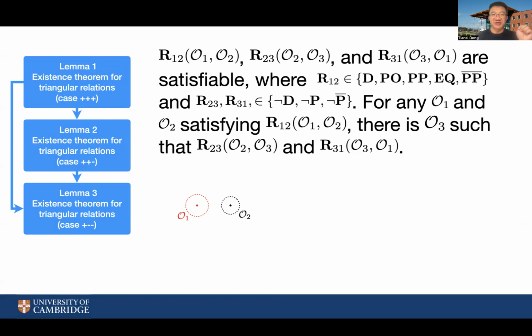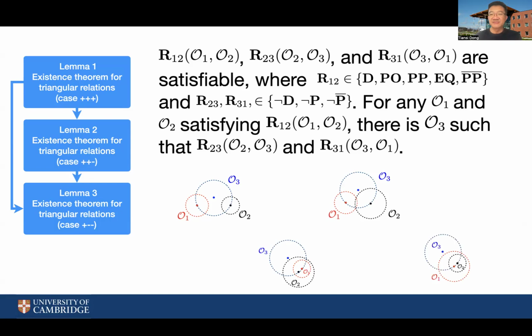And the method to create O3 that partially overlaps with O1 and O2 is to let its boundary pass the center of O1 and O2. It's actually a simple solution.